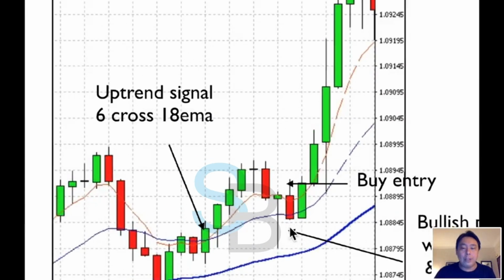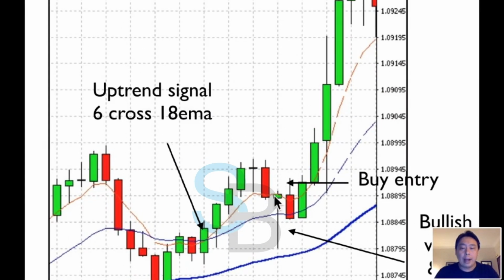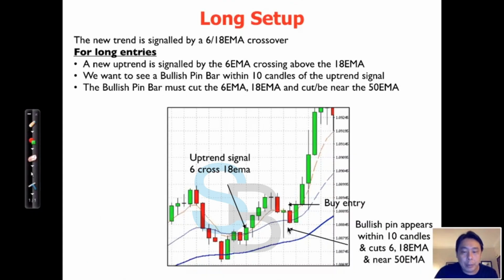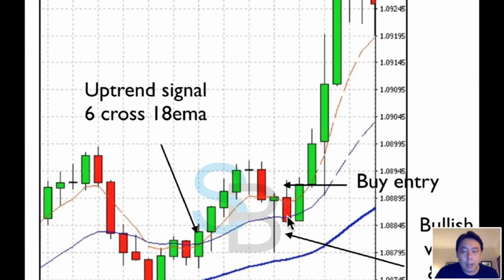And we want this bullish pin to be cutting the moving averages. It should cut the 6 EMA, the 18 EMA, and it should cut the 50 EMA or be close to it. If it's far away, we're not going to take that. So the moment we see that pattern and the candle closes, we're going to buy the moment the next candle exceeds the high of that candle.